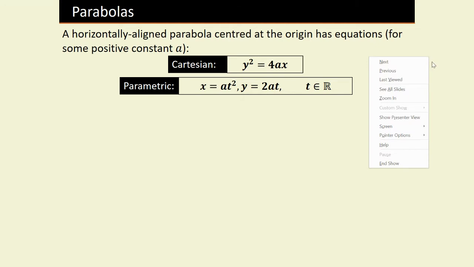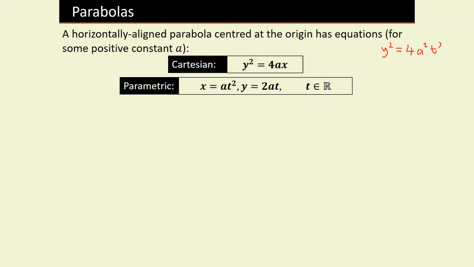Let me just show you, though, why that parametric form works. So if I flip to my pen, let's start by looking at both sides of our Cartesian expression. Our Cartesian expression has on one side y squared. Well, let's have a look at what y squared is from the parametric form. y is 2at, so y squared will be 2 squared, 4, times a squared and t squared.